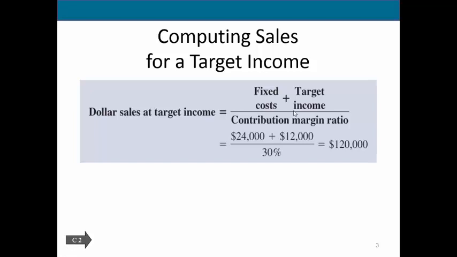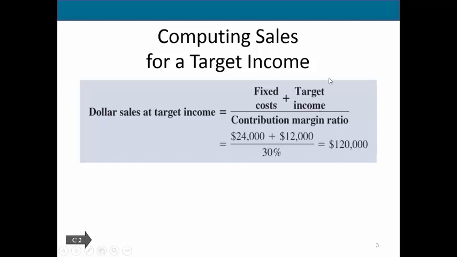If you'll remember before, the break-even formula was our fixed costs divided by our contribution margin per unit, or the contribution margin ratio. That was at a break-even point of 0. So basically, we could have not changed this formula, and we were saying our fixed costs plus our target income, which at break-even, target income was 0.